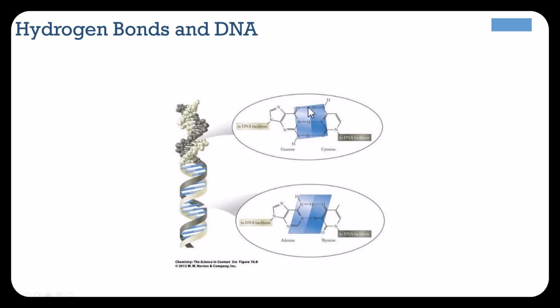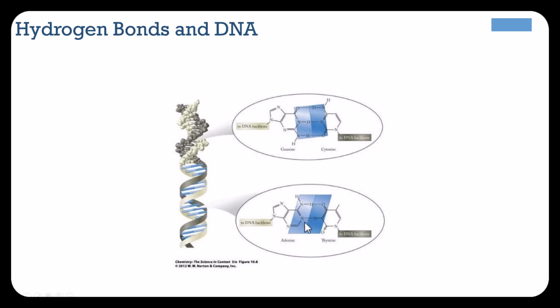So with the guanine and cytosine, what we see here is oxygen, hydrogen, hydrogen, nitrogen, oxygen, hydrogen. So those have the opportunity for 3 hydrogen bonds to form, and they're lined up perfectly for those 3 hydrogen bonds to form between the 2 base pairs.